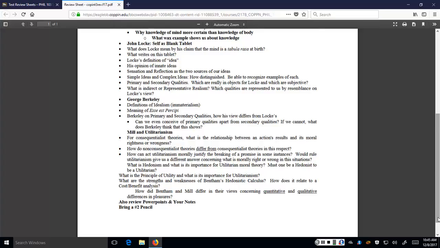So this skepticism did not sit well with the very religious George Berkeley. And again, you think of Berkeley as being an old guy, but when he wrote his best stuff, he was about 20 years old.